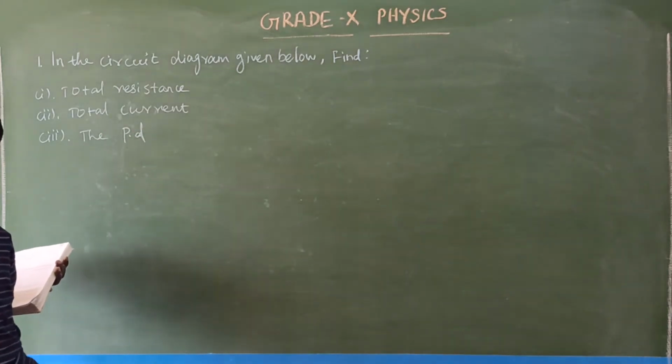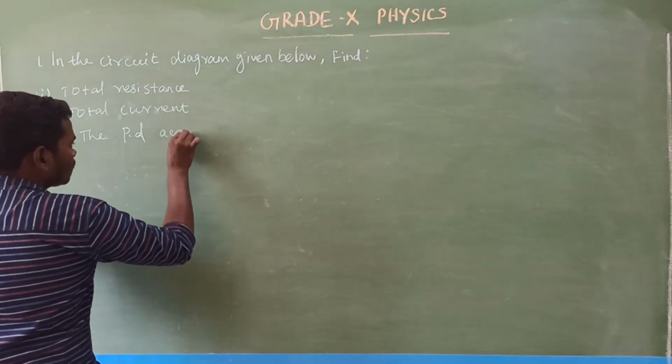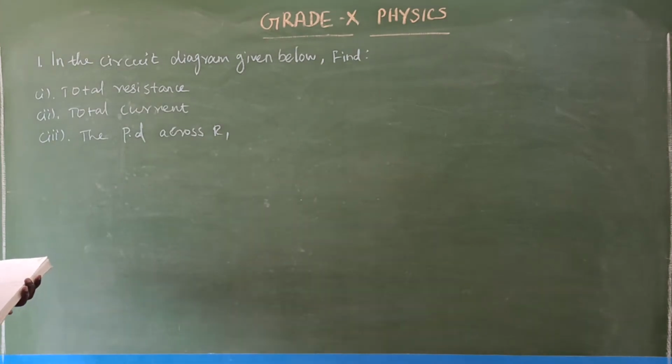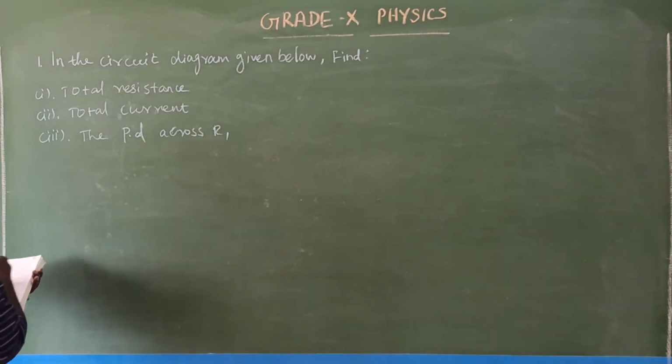I have written the short form, potential difference across resistor R1. Is it clear? Yes, I'll draw this circuit diagram.